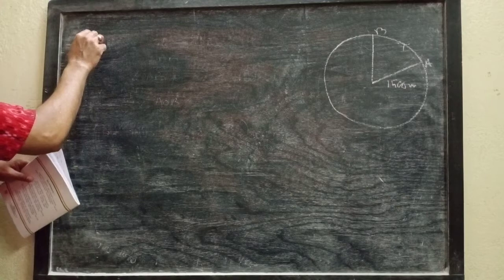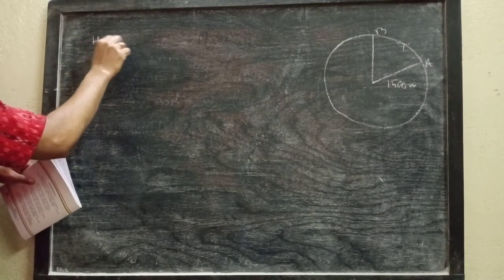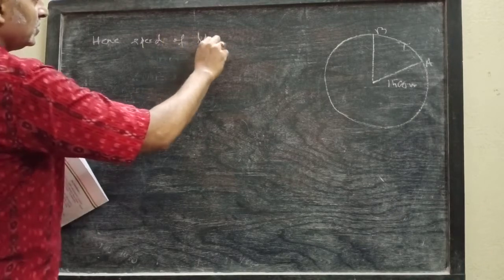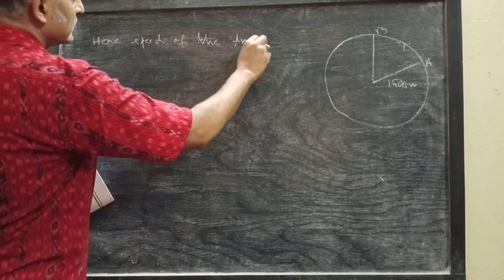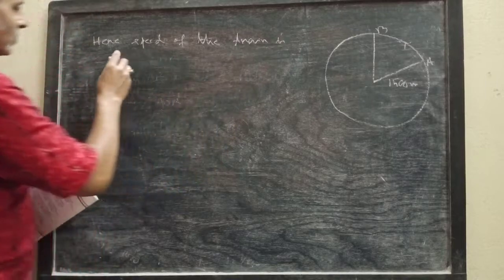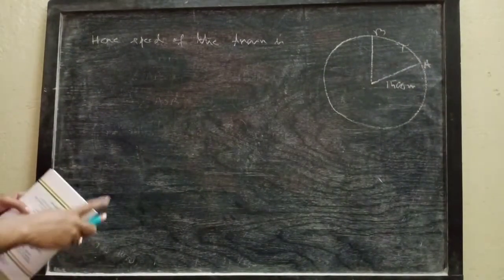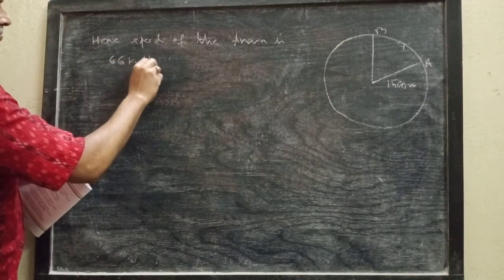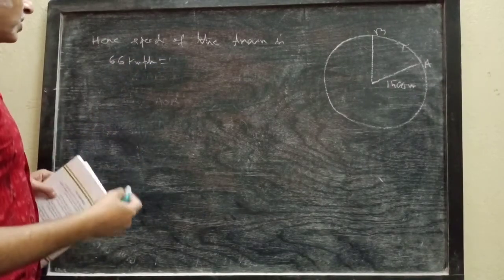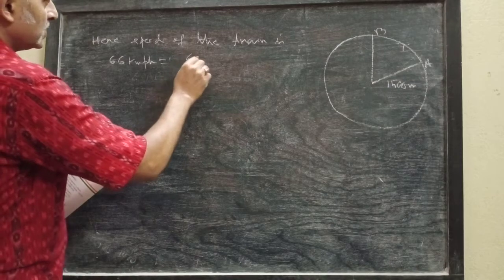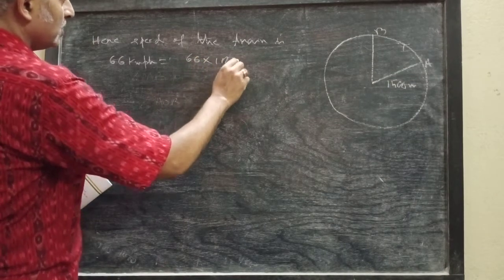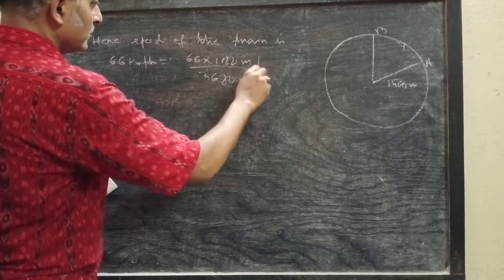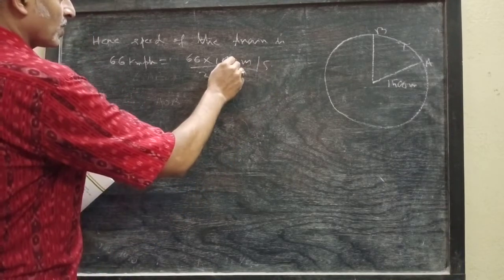So here speed of the train is 66 km/h. So shift it to meter per second. 66 into 1000 meters by 3600 per second.